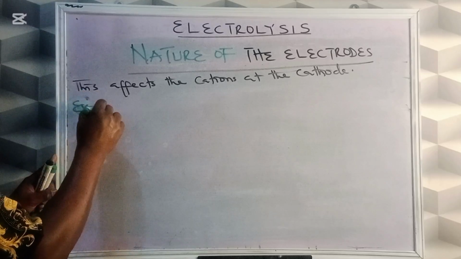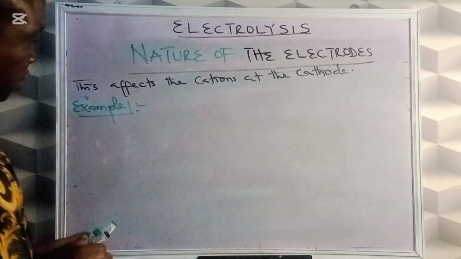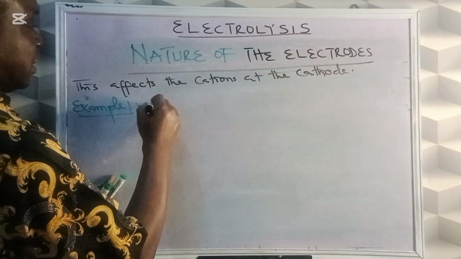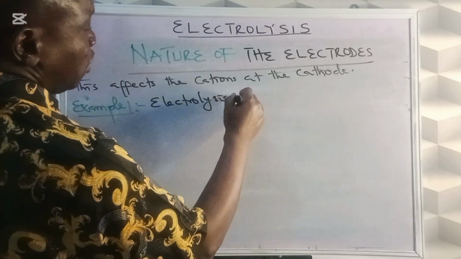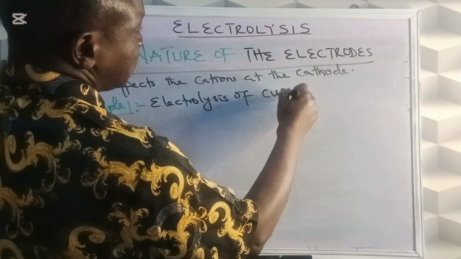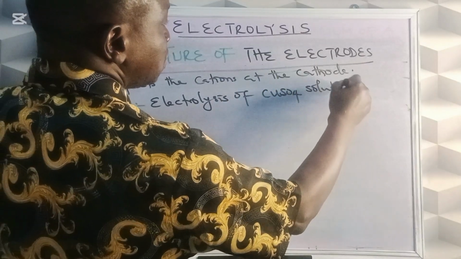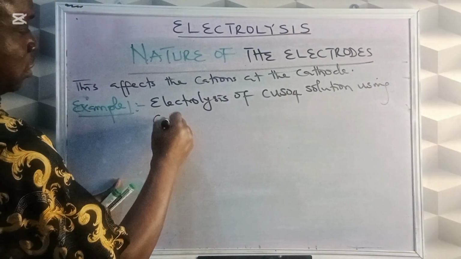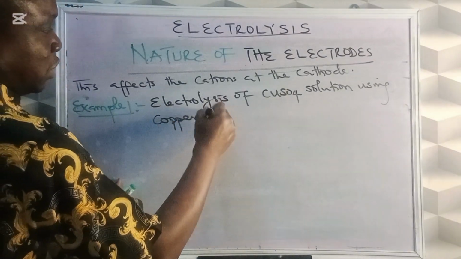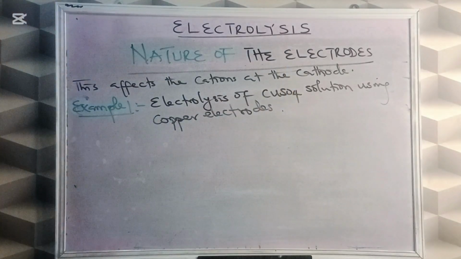Example 1. Let's see the electrolysis of copper(II) sulfate solution using copper electrodes. You know, the first one we did, we used carbon or platinum electrodes. Now copper electrodes.